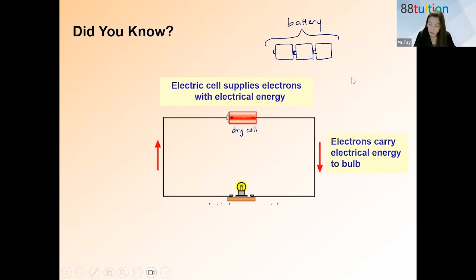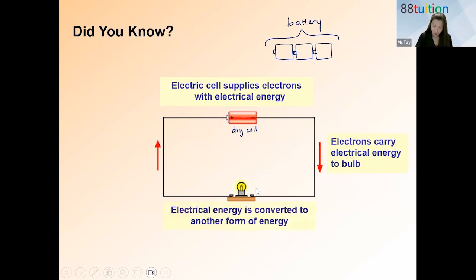So the electrons carry electrical energy to this light bulb. Electrical energy is converted here at the light bulb to another form of energy. What is the main form of energy here for the light bulb? Light energy. So other than light energy, what else would you expect?